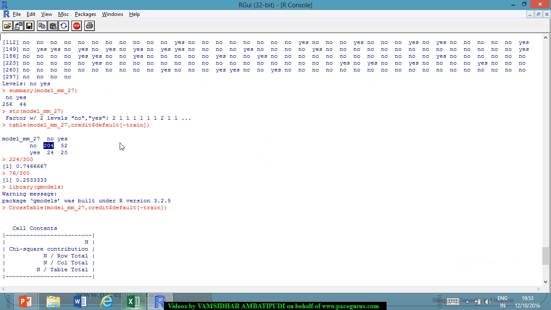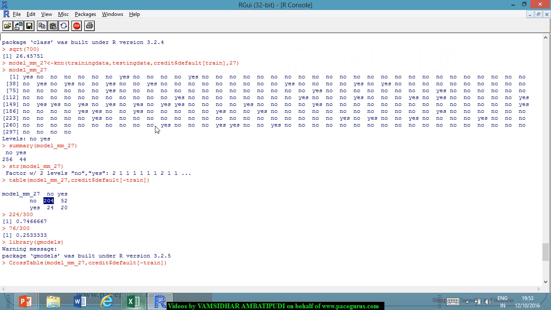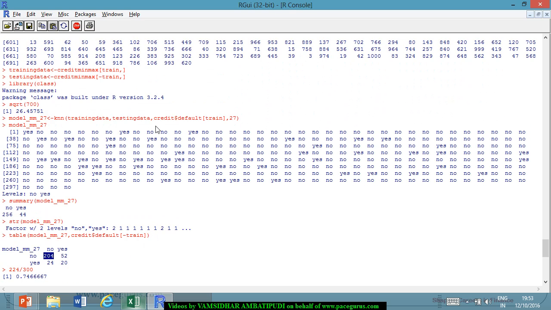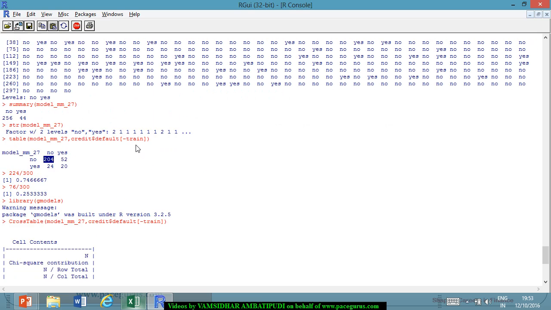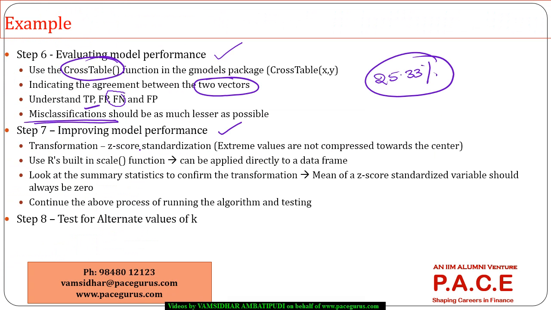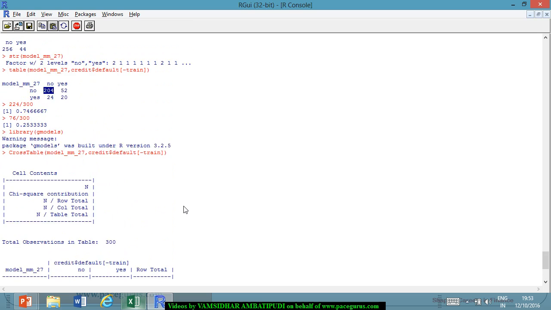So I might try out the same thing. Instead of building it on the min-max data, I may want to build it on the Z-transformed data. That is one way to look at it. And even on the min-max, the other thing that I would like to look at is changing the value of K and then evaluating the model.